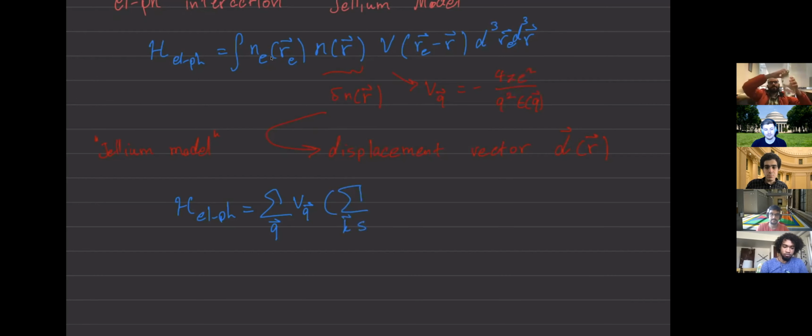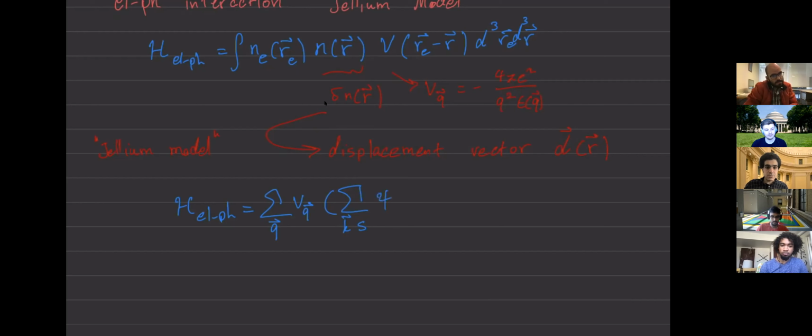Again, I'm not writing a label for the bands here. I have the labels only for momenta and spins, but in general, because I have all the bands, I should have a label for different Bloch bands. For now, I'm thinking about one band. Therefore, I have only K and S.